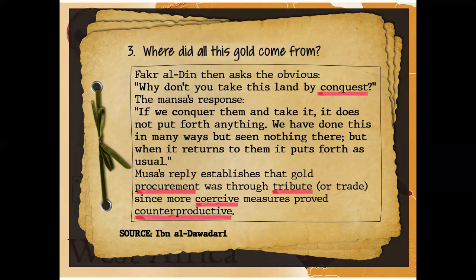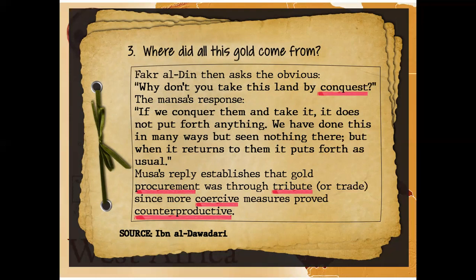Make sure you are familiar with coercive. This is an SAT term. You're going to want to know this one. If something is coercive, you're describing something that was forced or that was done under threat of punishment. Coercive measures, therefore, would be measures to get the gold under threat or through cruelty or violence.